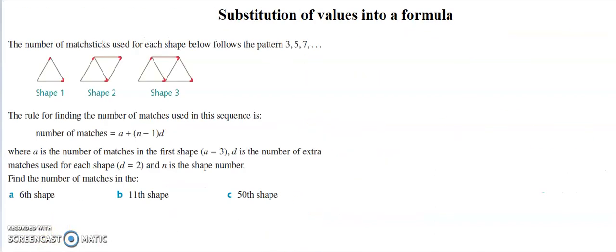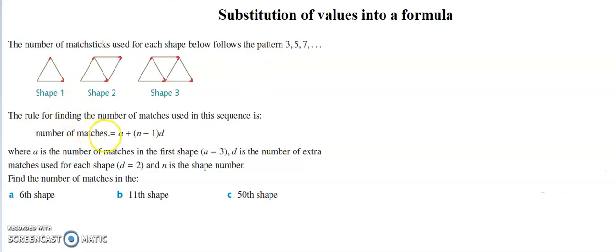Let's look at another question. Again, we are just substituting our values into a formula, which means we are evaluating. So everything here just tells you what the A means, what the N means, and what the D means. The number of matchsticks used for each shape below follows the pattern 3, 5, and 7.